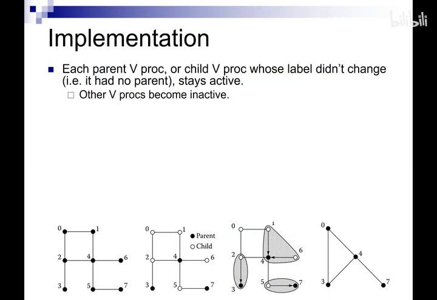Second of all, if a child process's label did not change, then it's also going to stay active. For example, this one's label doesn't change because it didn't point to a parent, so it's going to stay active. But this child node's label did change, so it's going to become inactive.